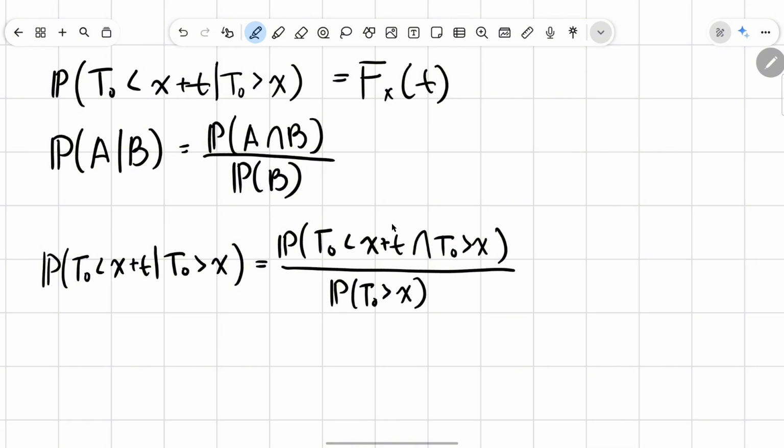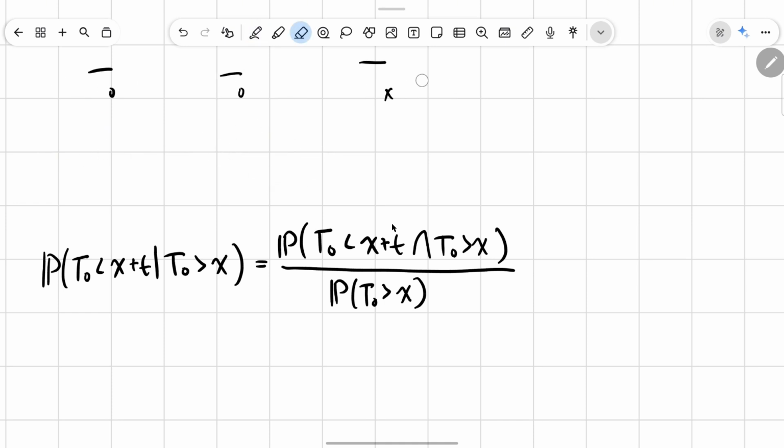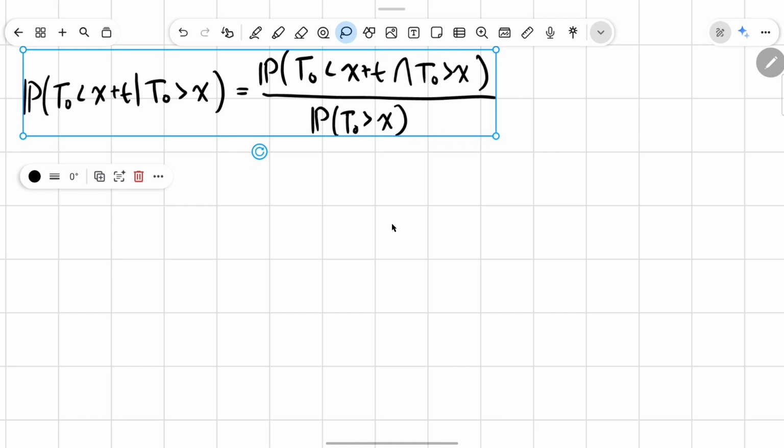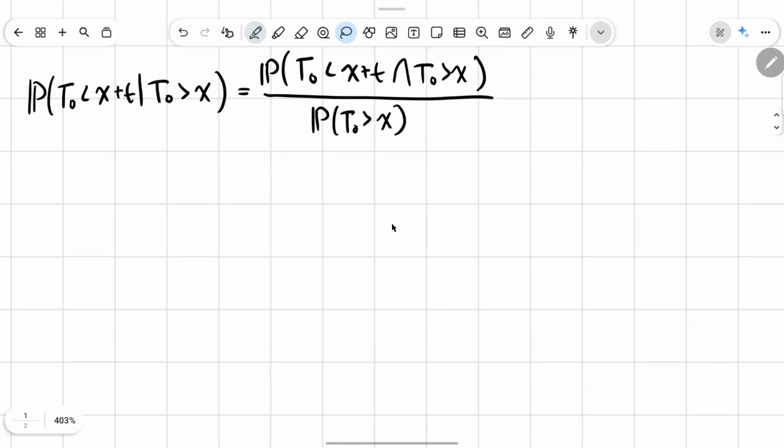Okay? Now, let's focus on this equation. Let's write this here. Okay. Now, let's first focus on the numerator. So the probability of T0 less than x plus t intersection T0 greater than x.